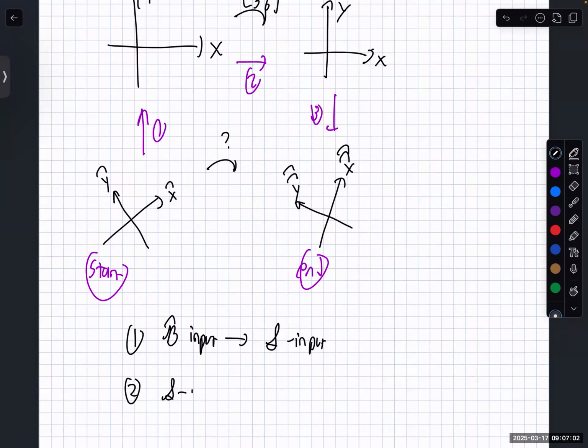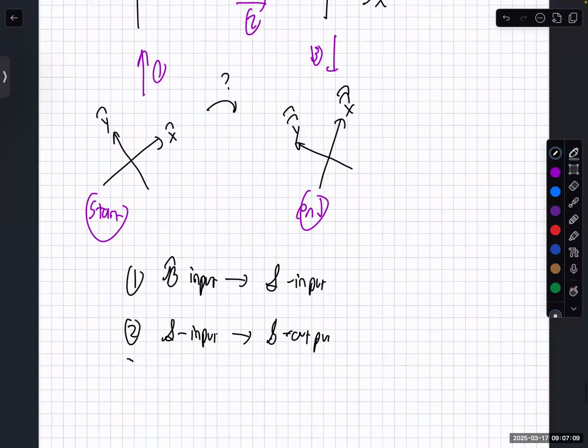Step 2 is S input to S output. Step 3 is S output to B double hat output.